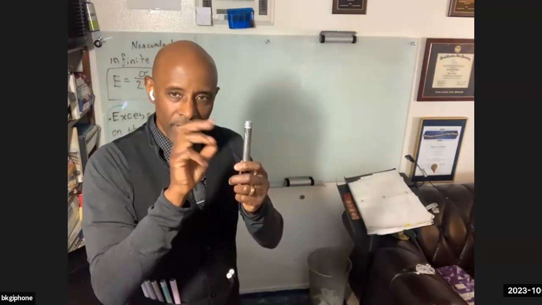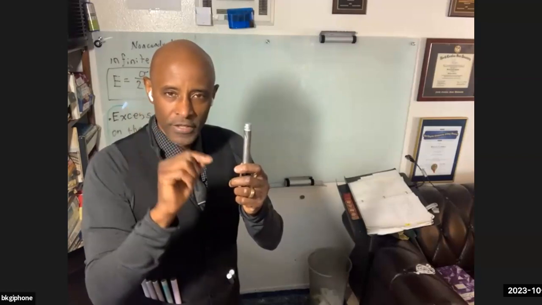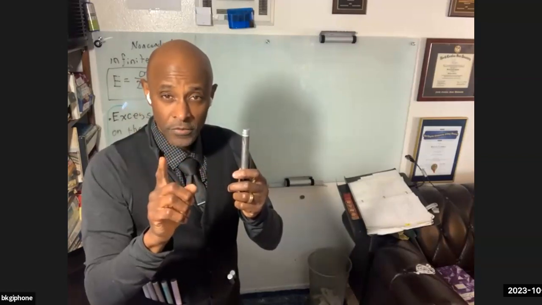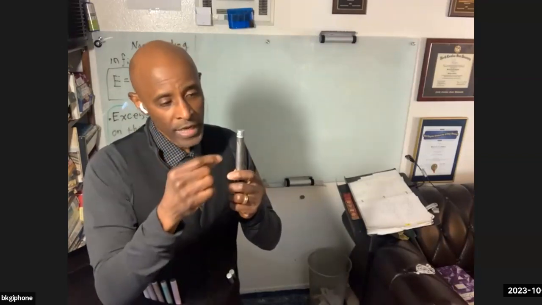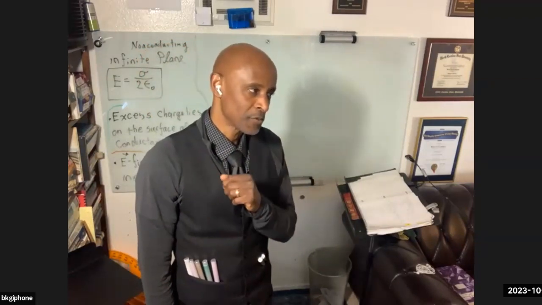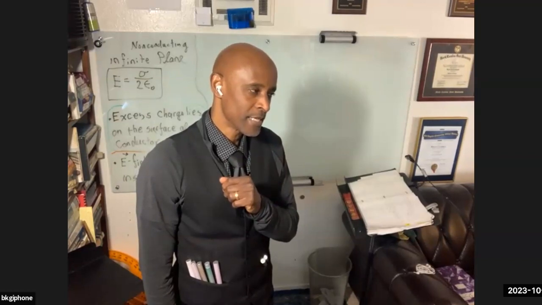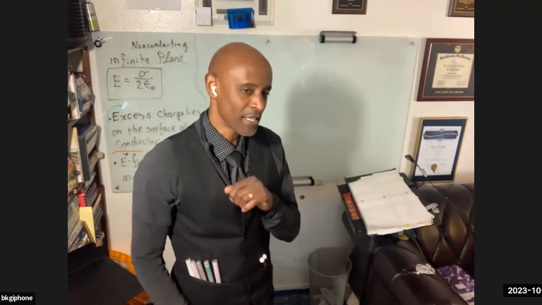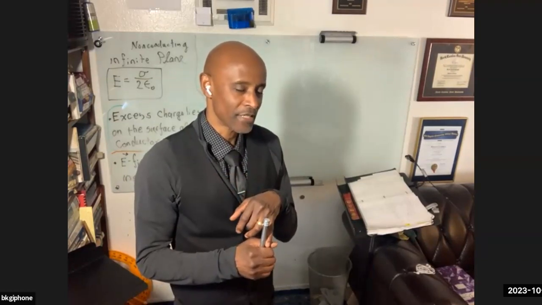If I'm inside and I have a detector, will I see that field? And the answer is no. Because if that were true, it would have to go through the aluminum, which would mean at some point, actually, that's not true. That's not a great example. You can see the field on the inside, but it's not okay.